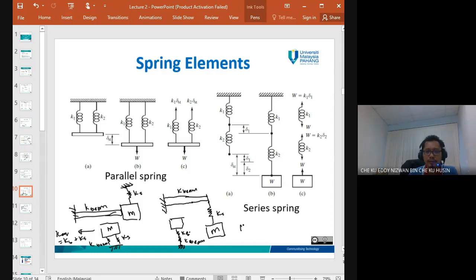For this one, sorry, 1 over K equivalent equals 1 over K beam plus 1 over KS. So that's the difference between series and parallel.